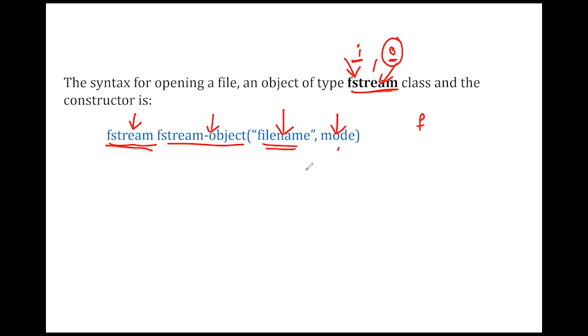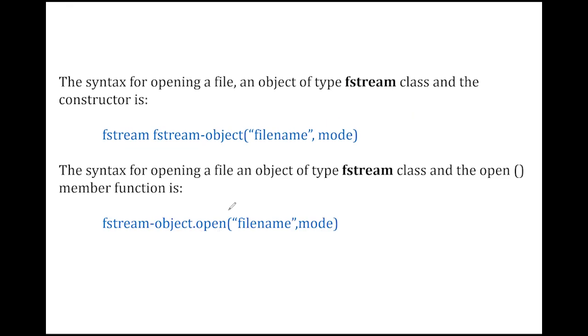This is the additional parameter which I pass when I want to open a particular file for both input and output purpose. Okay, so this is using the constructor method. So we are using a constructor method in order to open the file using the fstream class, and this is my open: opening the file using the open member function.